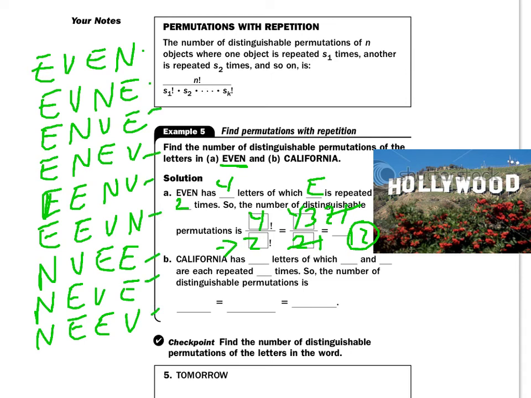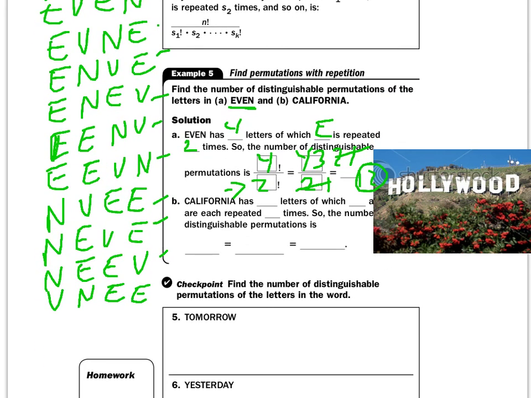I can start with V: V, N, E, E. V, E, N, E. And V, E, E, N. So there's the 12 different things I could come up with for this 4-letter combination.